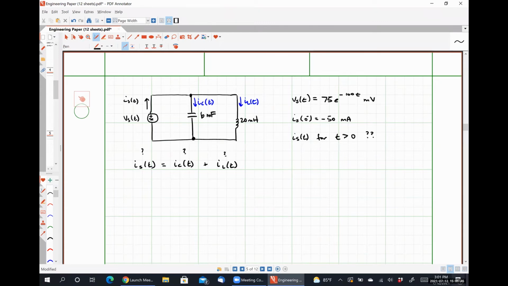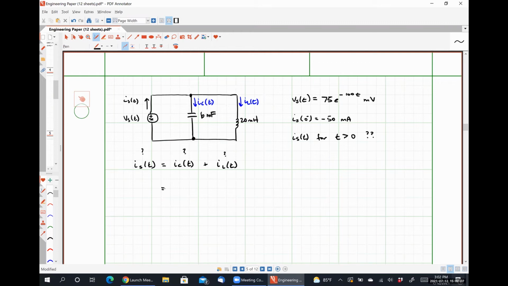So it might look right now that writing this equation didn't really get us anywhere, but we can write IC of t in terms of our voltage, and we can also write IL of t in terms of our voltage, okay?